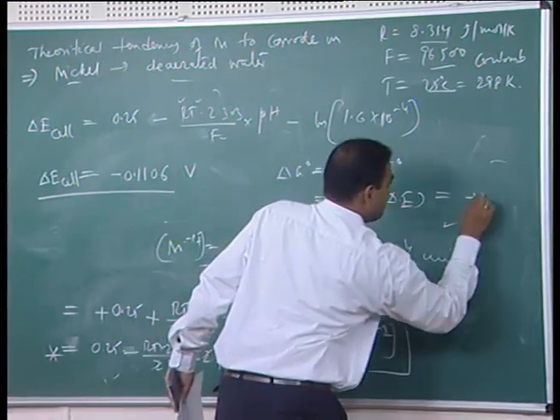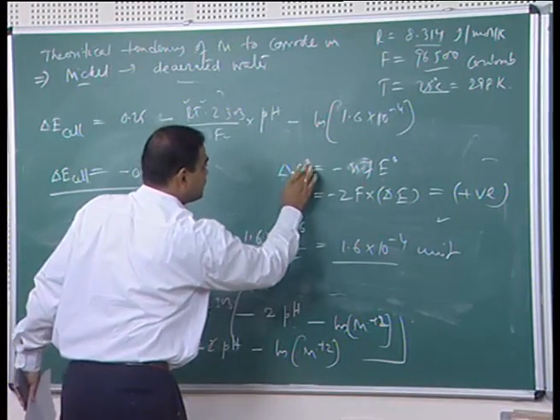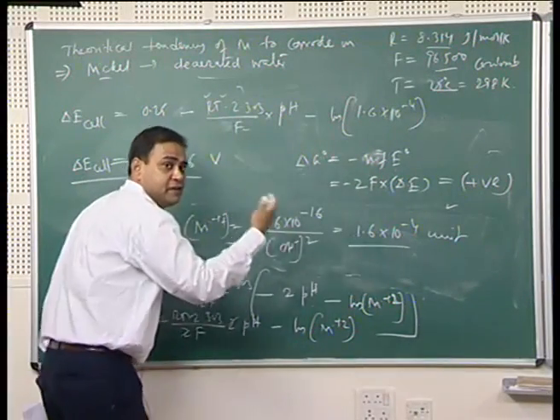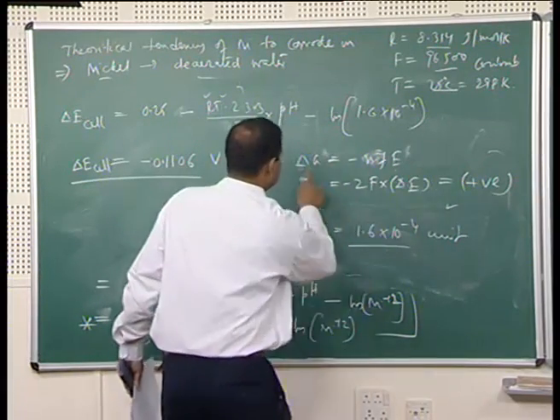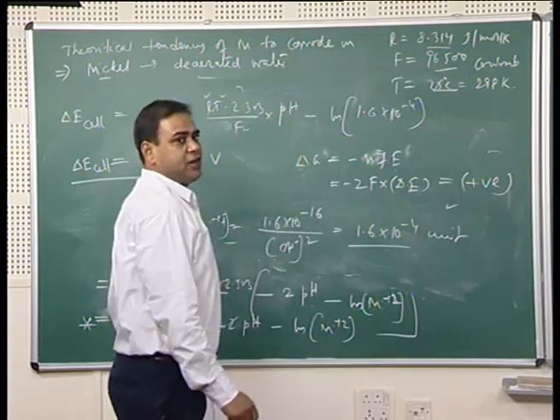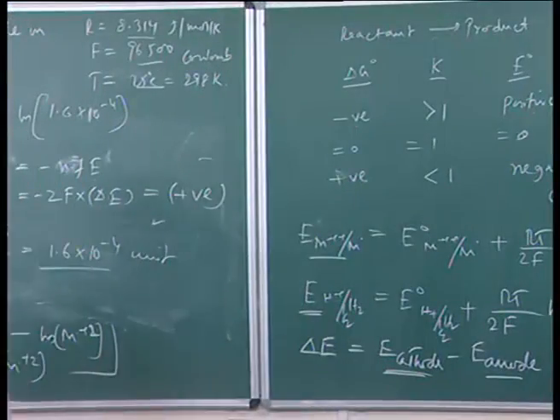So this becomes positive. Here we should not consider del G 0, because I am not considering it in the standard state. So here it would be del G, and del G equal to a positive value. If it is a positive value, then it should be non-spontaneous.